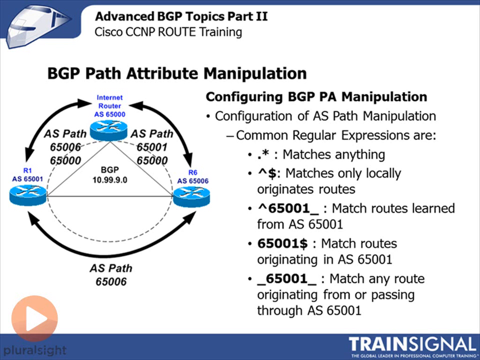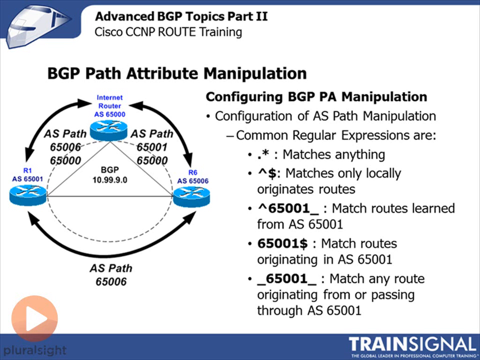Now, just an example using some of the parts of our lab, if you wanted to learn, for example, from the internet router or router 6's perspective, only routes from AS number 65001, you do the caret 65001 and the underscore because it would match anything that's being learned from that. Because keep in mind that wherever a route is originated from, that AS number will come last in the string.